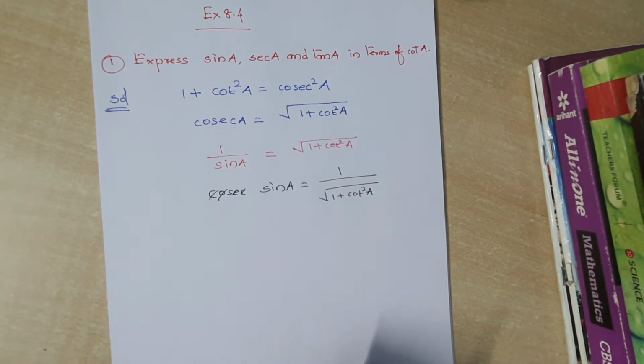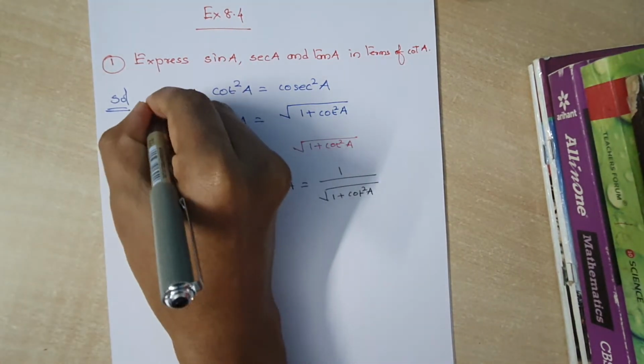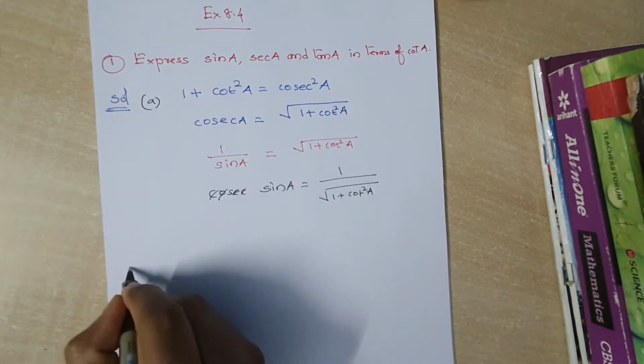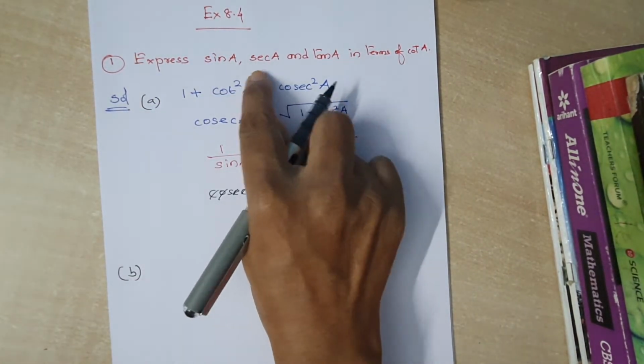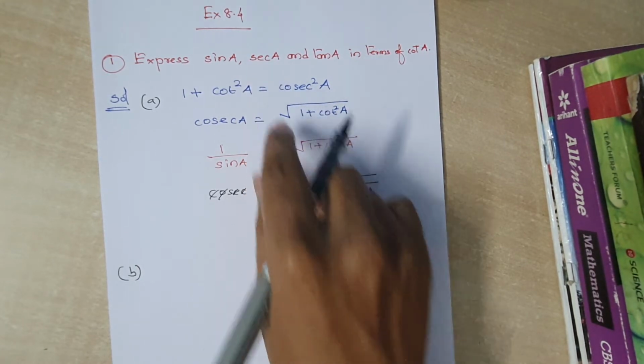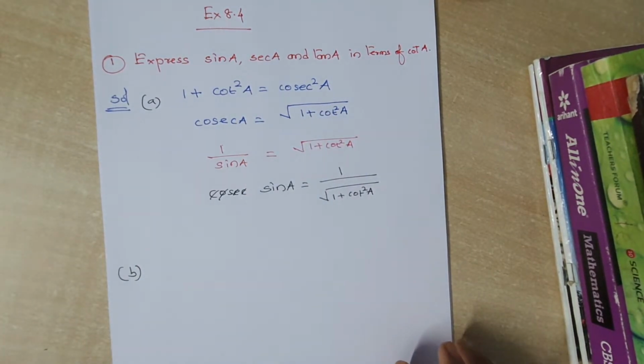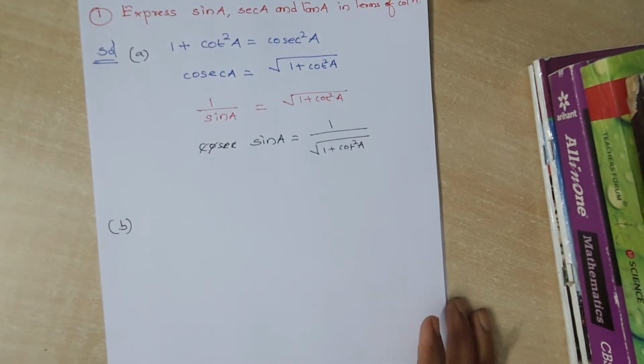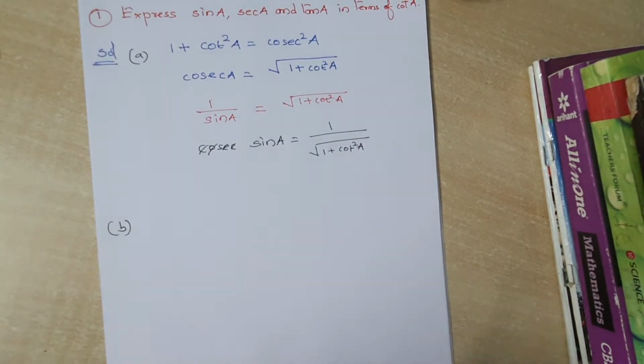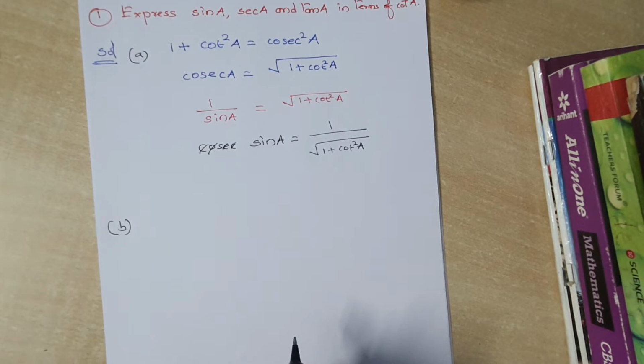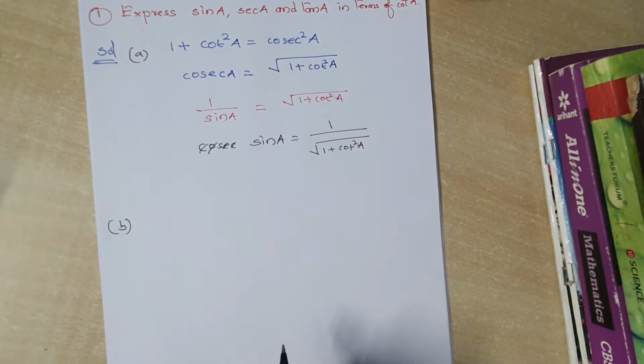Now let us try the other one. The first one is over, that was A. Now B. B means sec. We have to show sec with respect to cot. How is that possible? Think of any relationship. Yes, we got one relation.